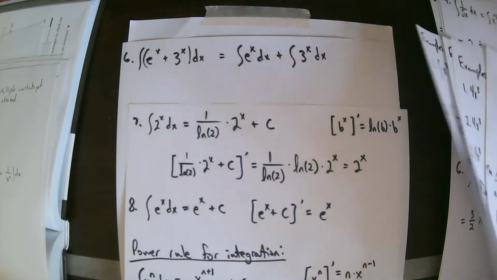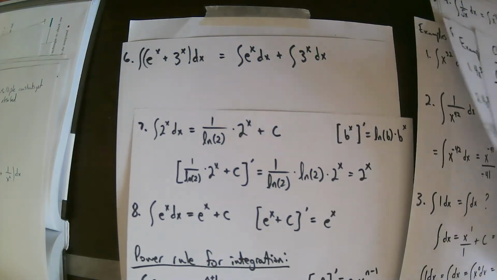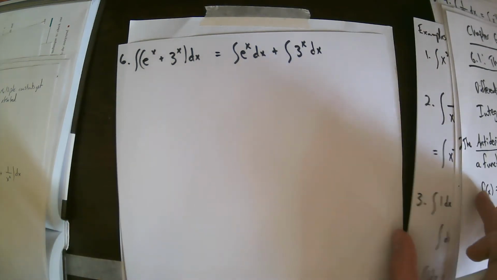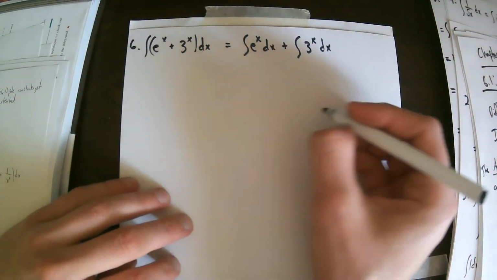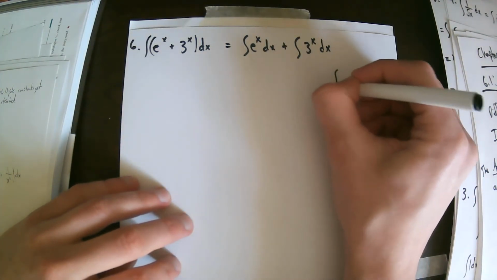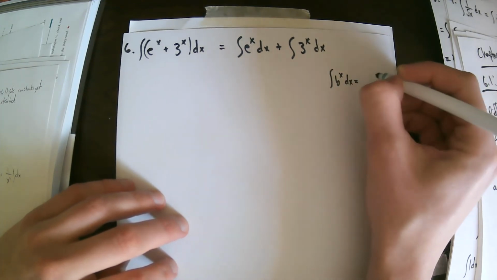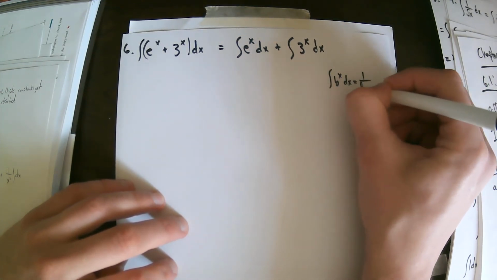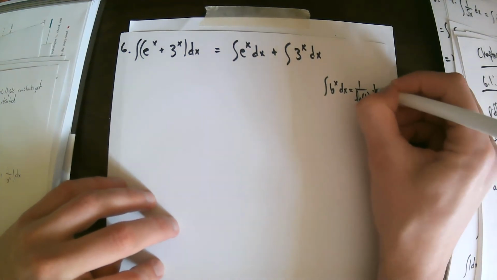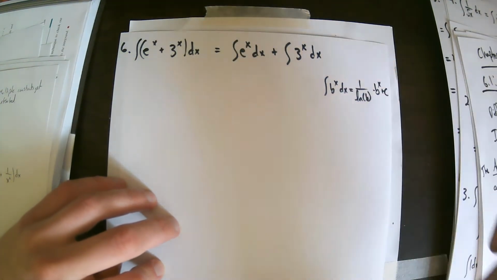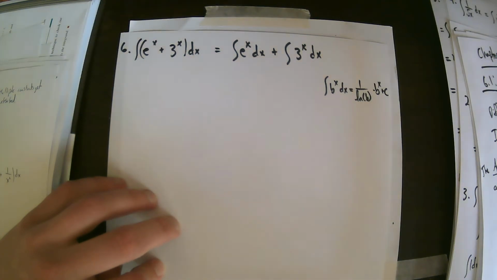So let me write that, just off on the side here: the integral of b to the x dx is equal to 1 over ln of b times b to the x plus c. The plus c just being the constant there.